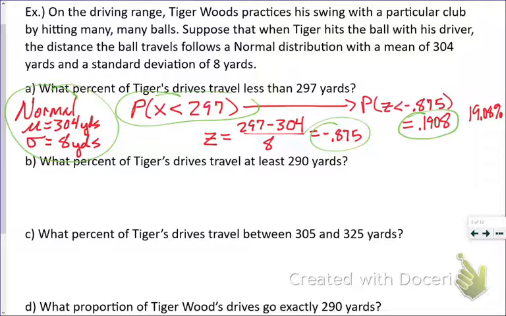All right, we can go a little faster now. So next one, we want the proportion of drives at least 290. Whether you write or equals doesn't matter. It has no effect on the value of the answer. So if it makes you feel better, you can put an or equals under there. But it doesn't matter because it's a measurement. It's continuous. The difference is insignificant. So let's get the z-score.